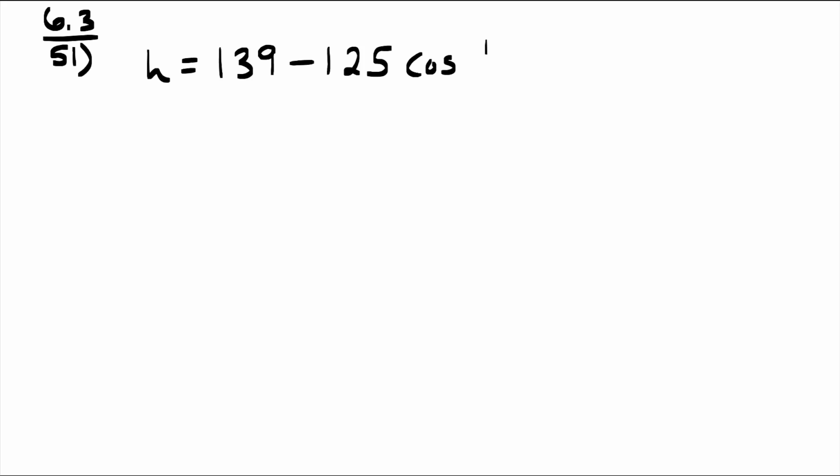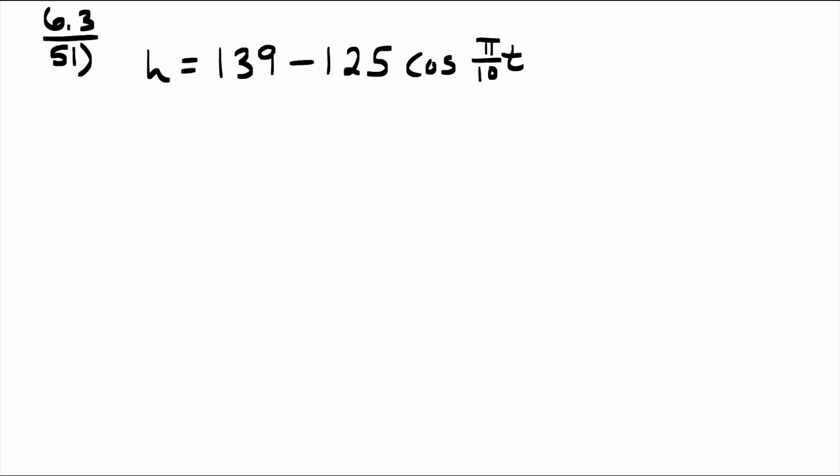Moving on to the last two problems that we have. So 51, it says that we have a Ferris wheel. Here's the equation for the height of the chairs on the Ferris wheel. This one requires a little bit of thoughtfulness and thinking through things here.